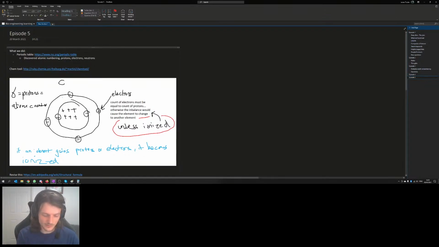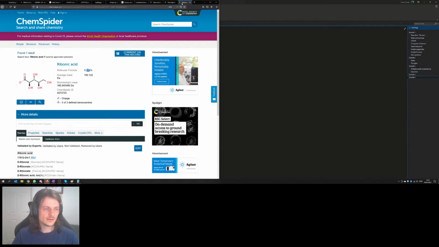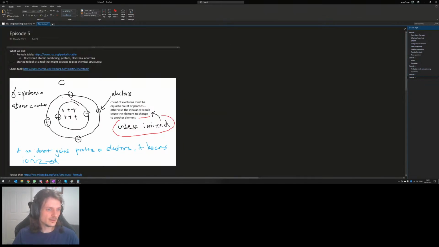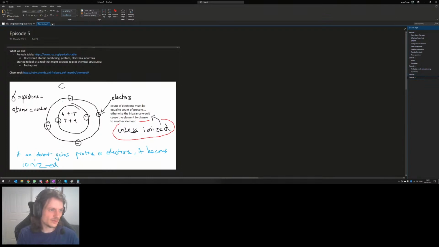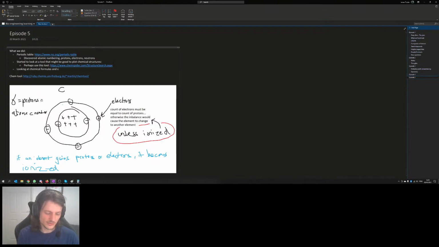We started to look at a tool that might be good to plot chemical structures, this one, ChemSpider. Perhaps use this tool. And then we did looking at chemical formulas and structures.